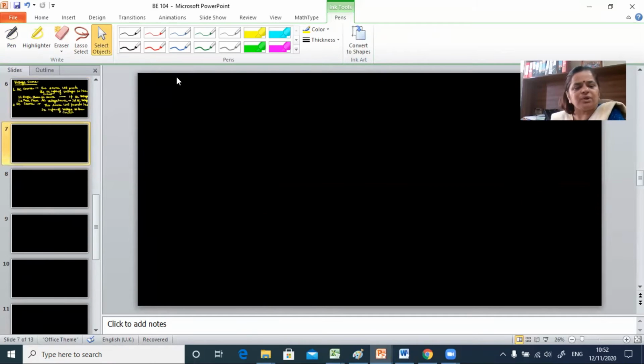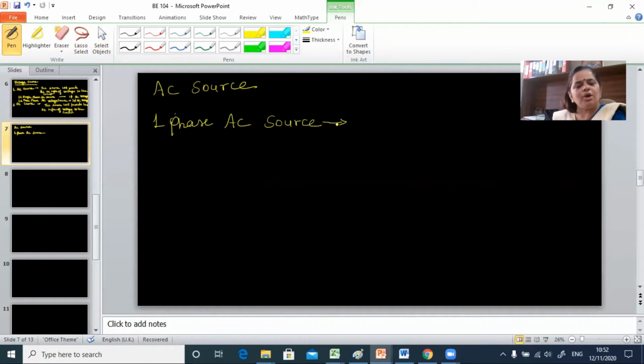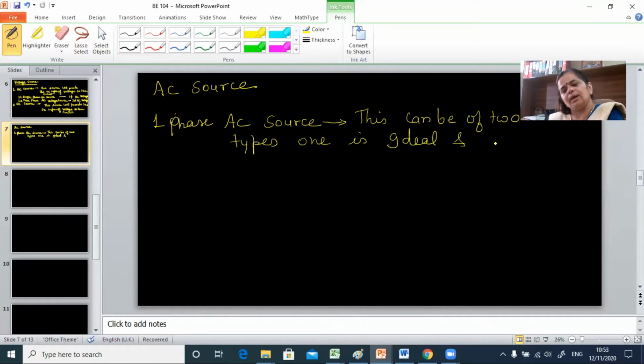Now further, after AC source we have seen single phase AC source. This can be of two types: one is ideal and another one is practical.